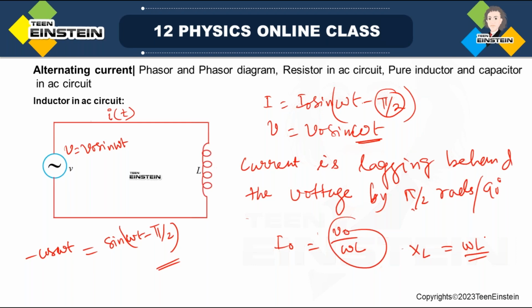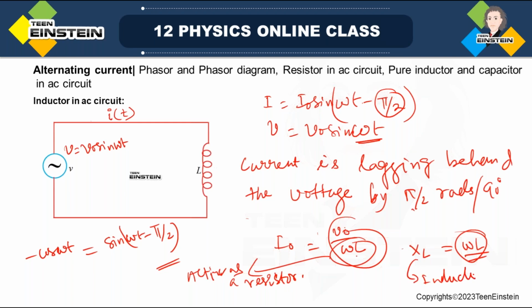So this XL is acting as a resistor, since V0 divided by this term is the current. That's why this term omega L is called inductive reactance.